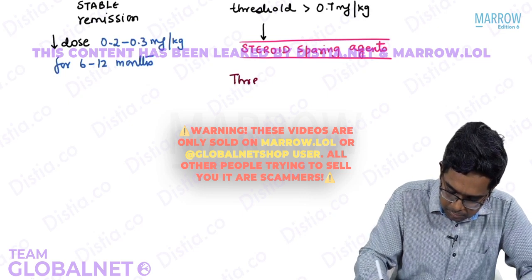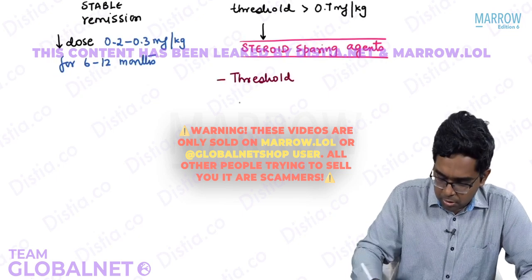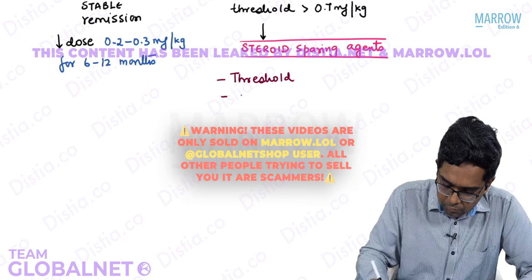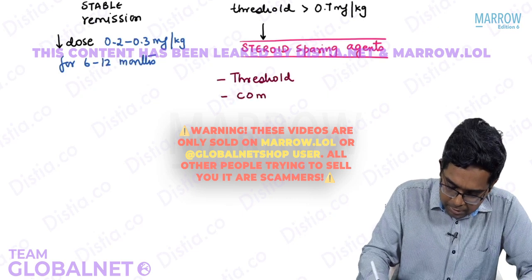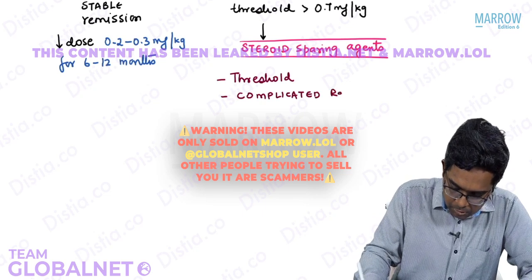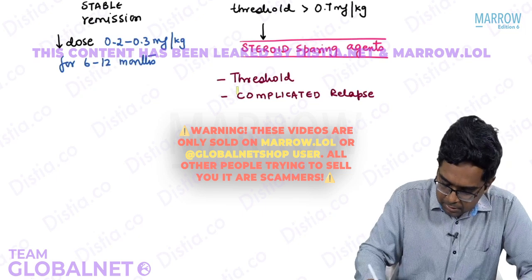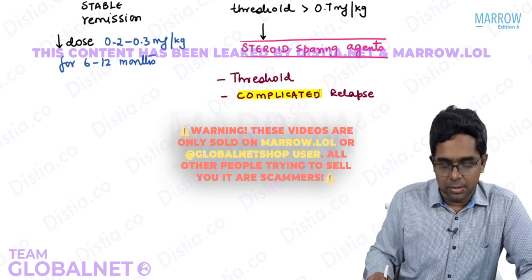Number 1, that is the dose of steroid to achieve remission, or presence of features of complicated relapse. Okay, first of all, let me explain what is complicated relapse and then we'll come to the further discussion.